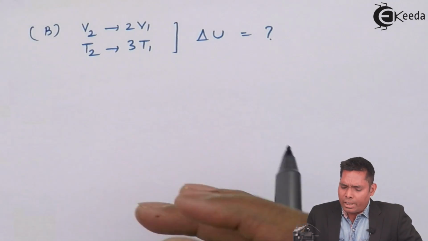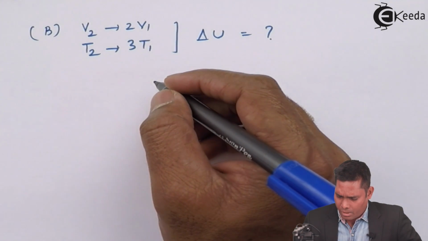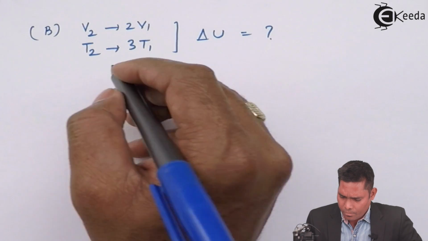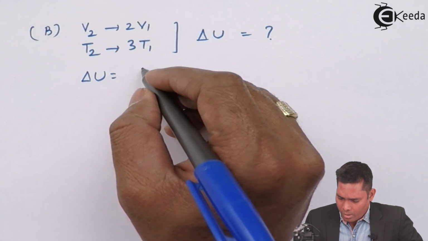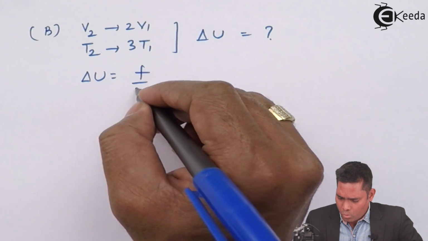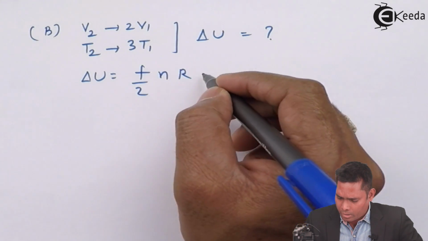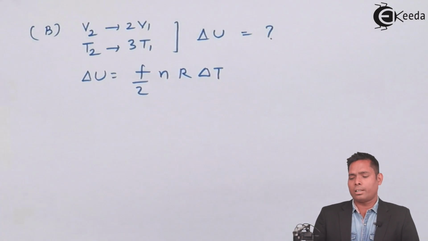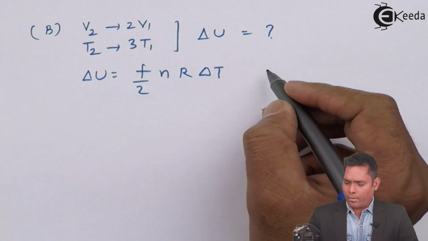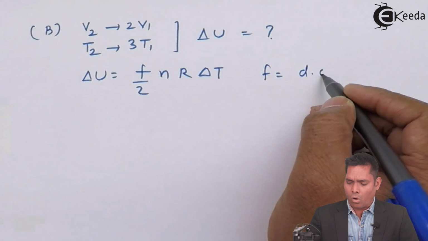The change in the internal energy can be obtained as F by 2 nR delta T. This is the formula for change in internal energy, where F is the degree of freedom.